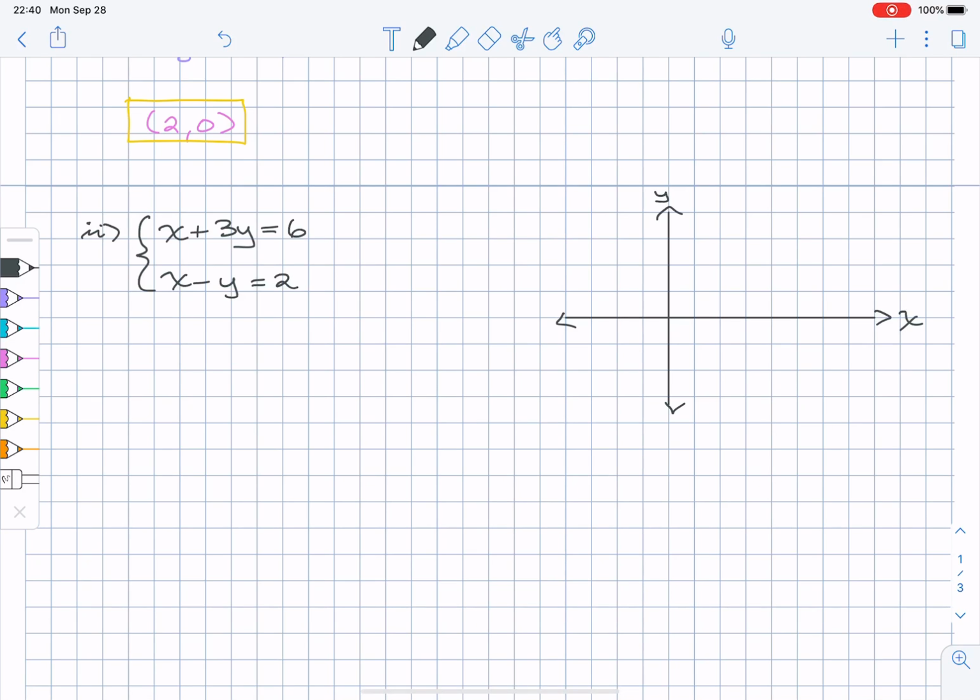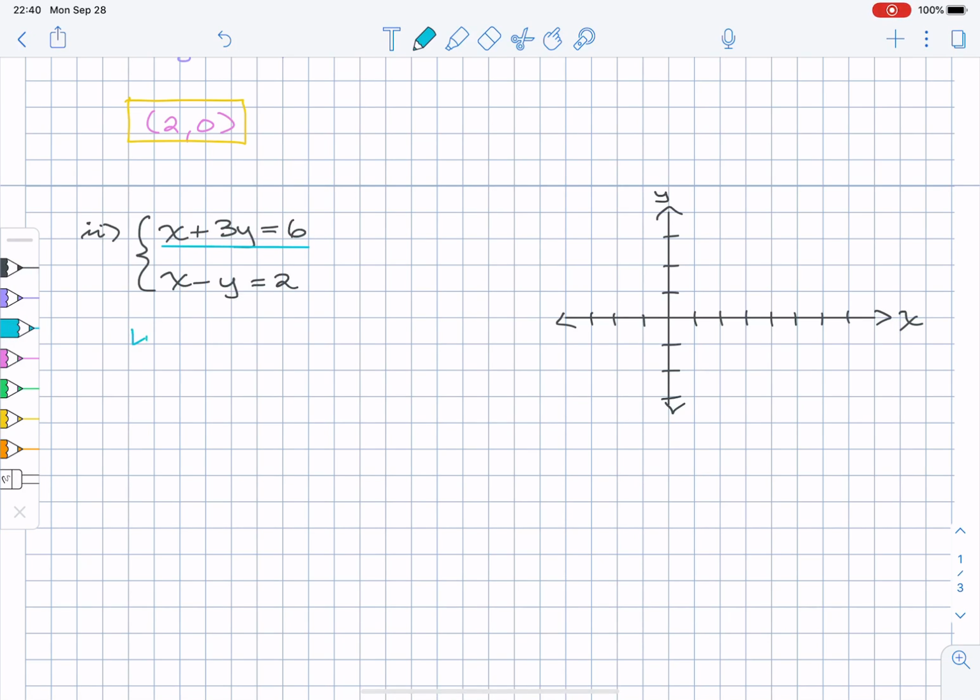Let's do 1, 2, 3, 4, 5, 6, 7 on the axes. Okay, so let's look at the first line.